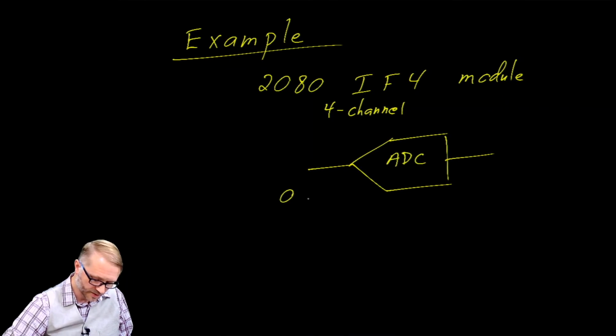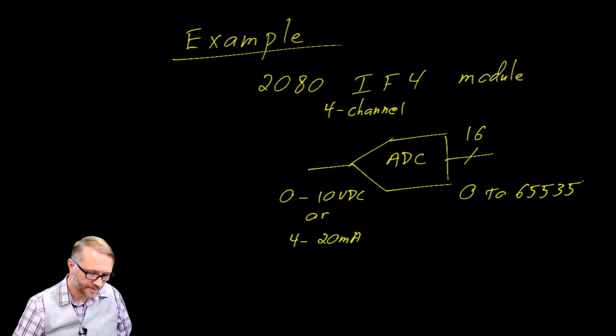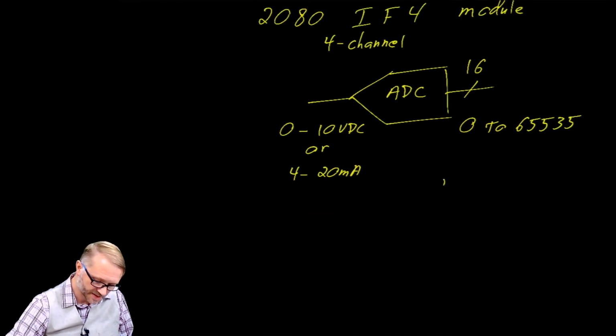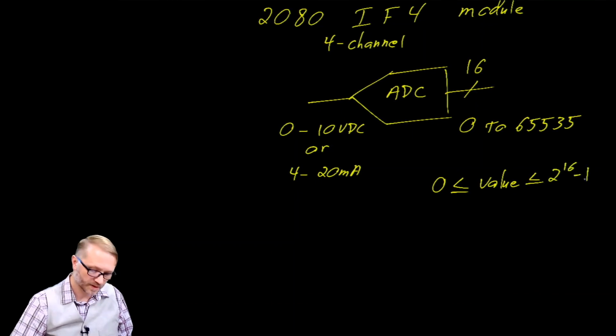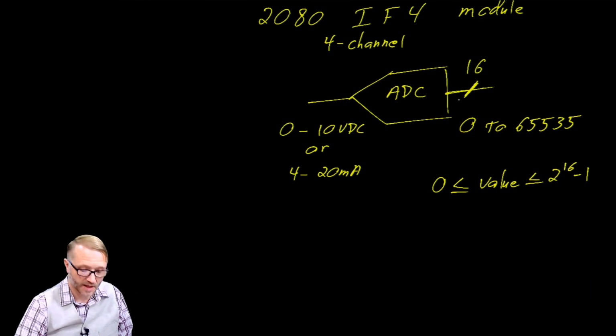It takes a value 0 to 10 volts DC or a 4 to 20 milliamp signal, and it converts it to a 16-bit value that ranges from 0 to 65535. You might recognize that because 0 is less than or equal to the value, is less than or equal to 2 to the 16 minus 1. Okay, by the way, this slash right here means that there are 16 wires coming out of the analog to digital converter.